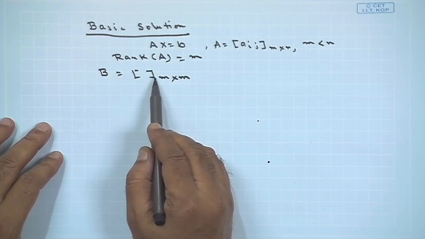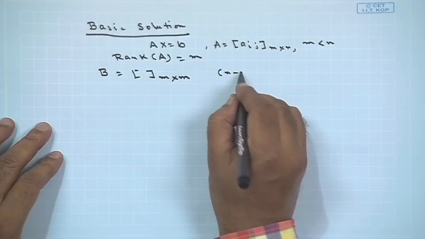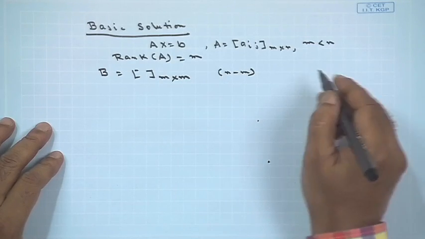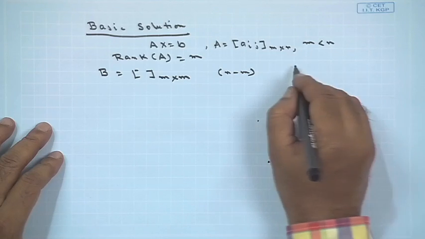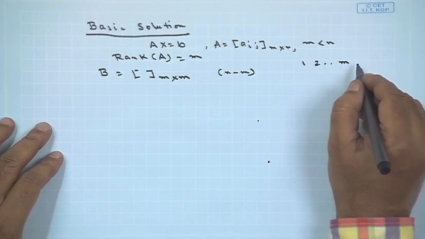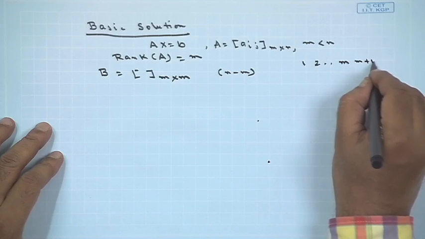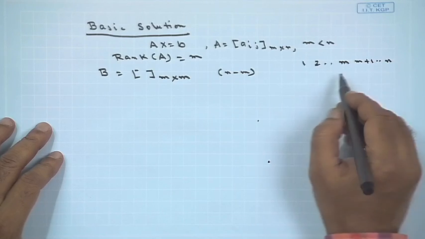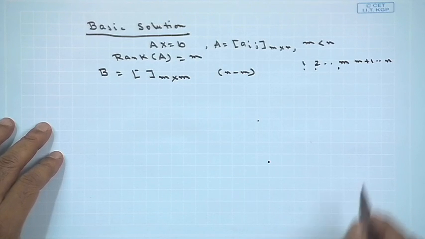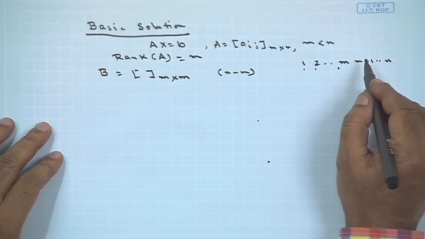Whereas all other n minus m variables, that means if I have the columns 1, 2 like this way up to m, and then again m plus 1 like this way up to n. So, these are the basic variables, and these are the non-basic variables.